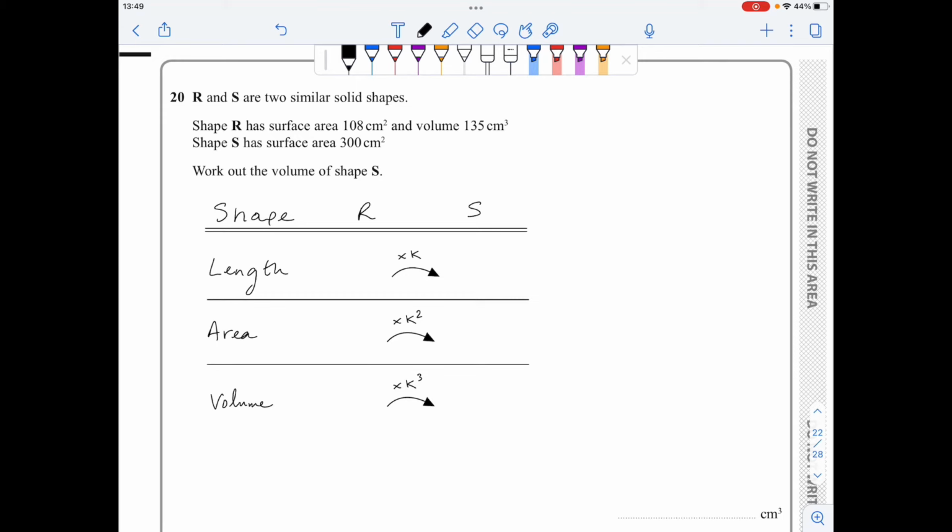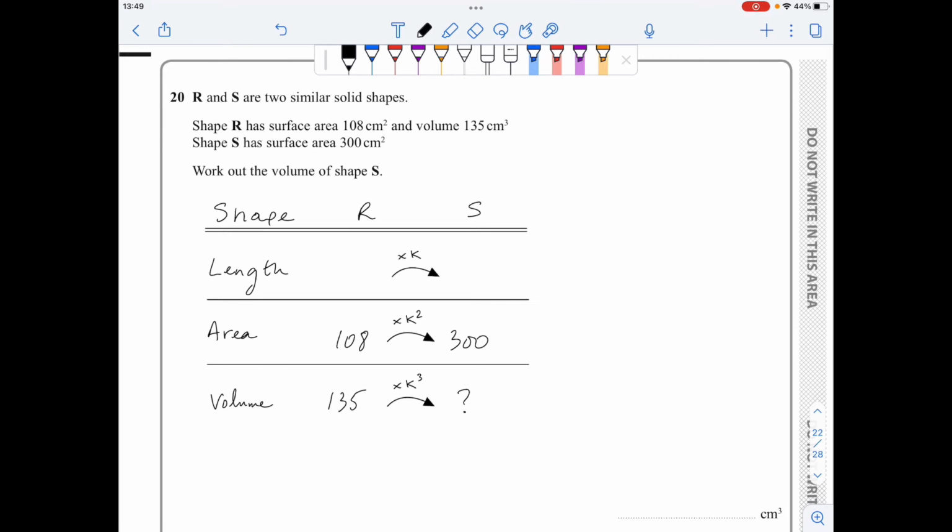Let's put our information on this table. I know that the area of R is 108, the volume is 135, and for shape S, the area is 300. I need to find the volume of shape S.